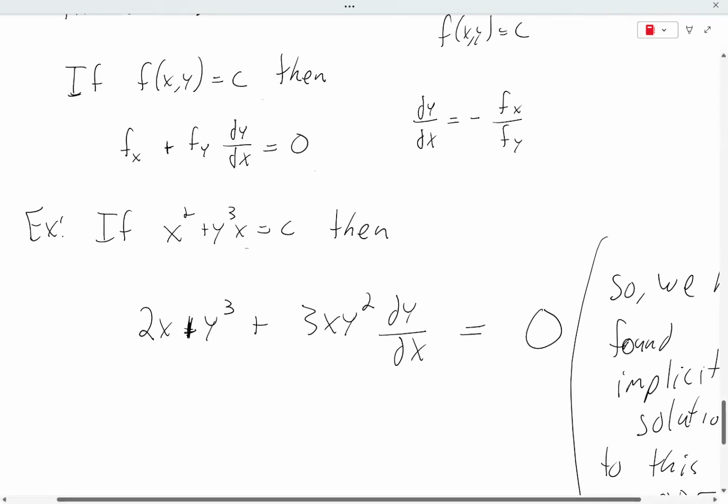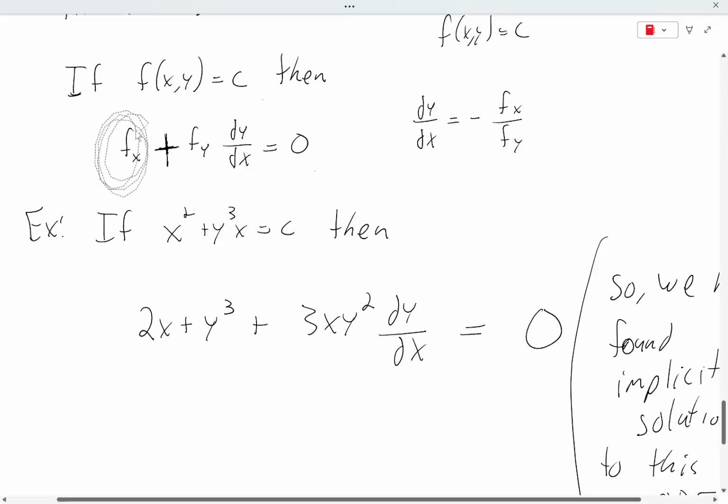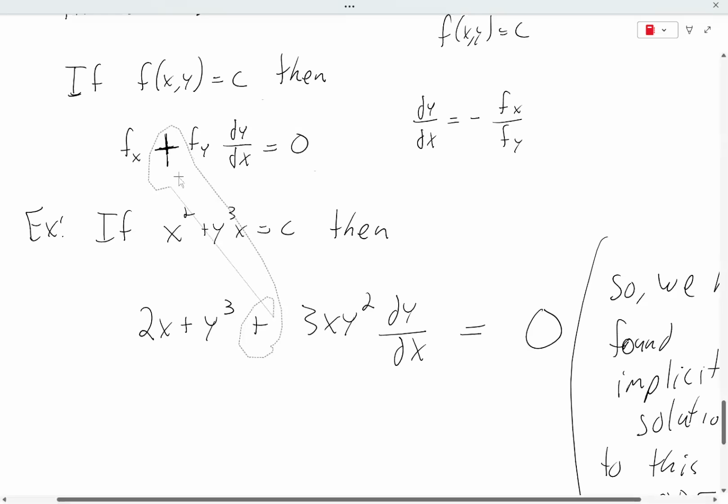Oh, that plus sign, that's from this. Okay, if you take the partial with respect to x, I would get 2x plus y cubed. And if you plug that into that, it's going to be that plus the partial. Right, plus that's this plus here.